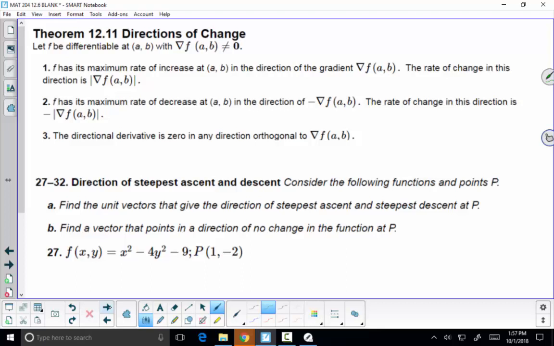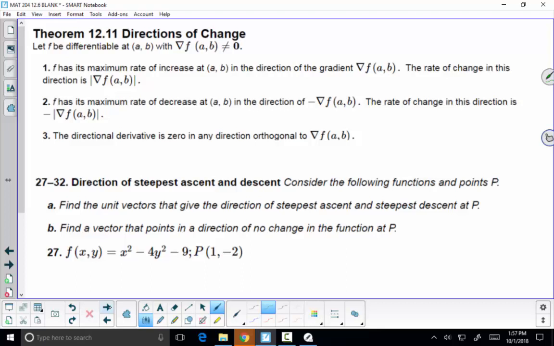So the gradient will always be pointing in that direction. And if you turn 180 degrees, -1 times the gradient is pointing in the direction of maximum decrease. So if that direction is maximum climb, that direction is maximum descent, quickest descent, 180 degrees away.